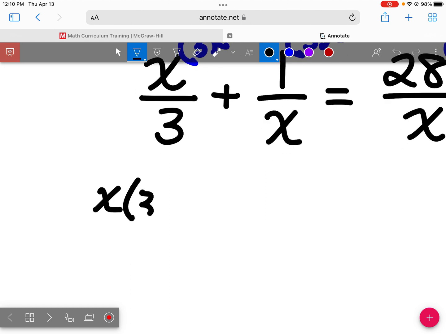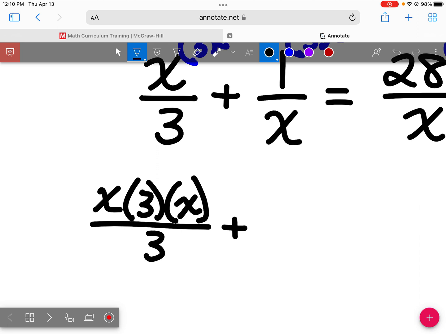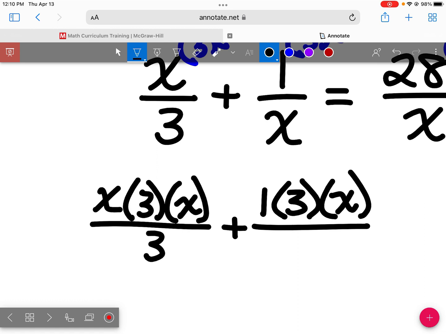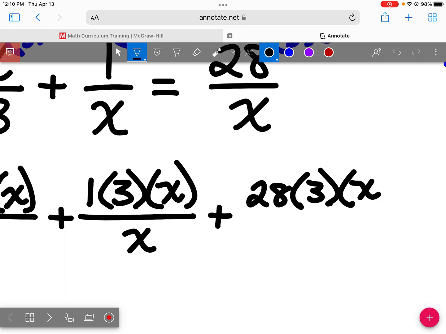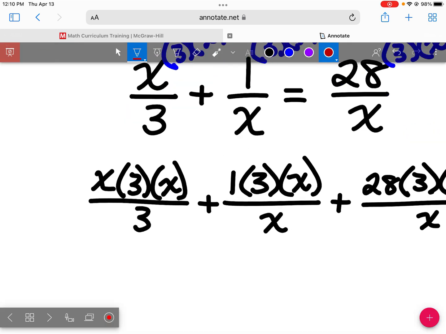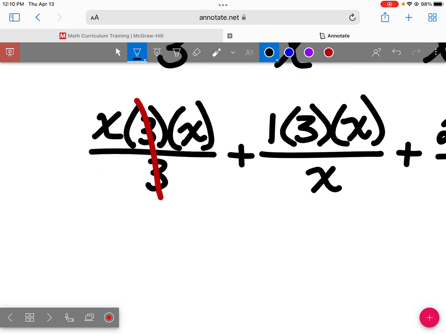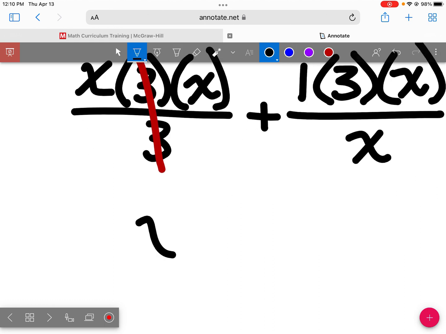So x times 3 times x over 3 plus 1 times 3 times x over x plus 28 times 3 times x over x. What cancels in the first fraction? The 3's. What am I left with? X squared. It's x times x, so that leaves me with x squared.